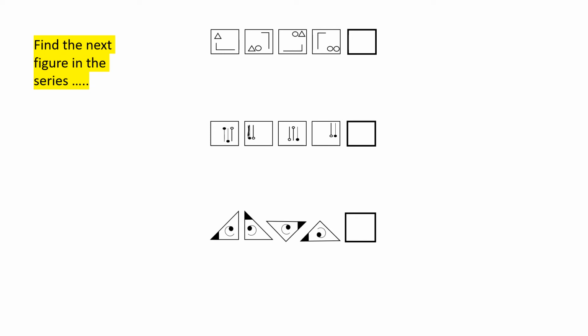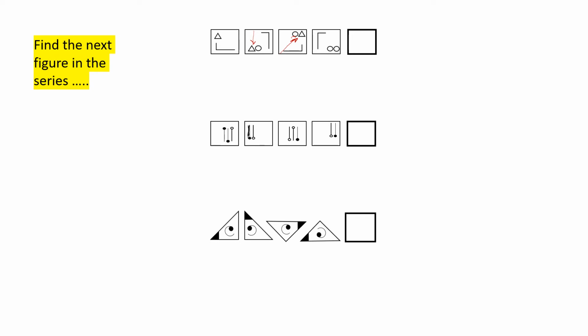What happens from the first to the second box is that the triangle drops down and then it acquires a partner figure, a second figure. So the triangle drops down and then it acquires a circle. From the second to the third, it goes diagonal and the placement of the triangle and the circle reverses.